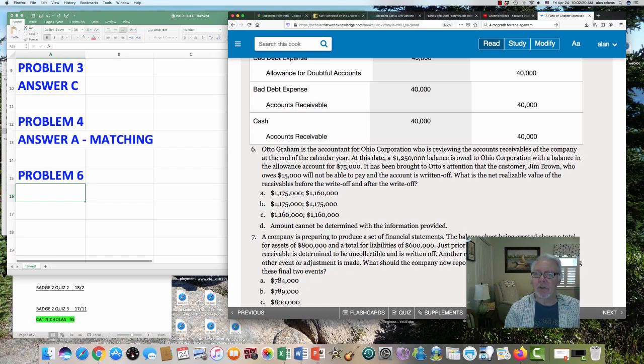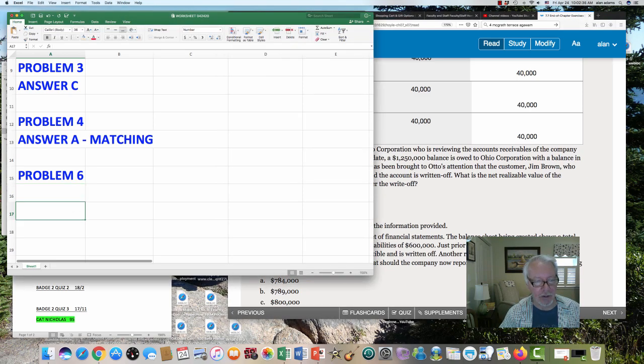And then the boss comes to the accountant and says that we've got a customer who owes us $15,000 that's buried in that $1,250,000, and he's not going to be able to pay it. We're going to write it off. The question is, what is the net realizable value of the receivables before and after the write-off?